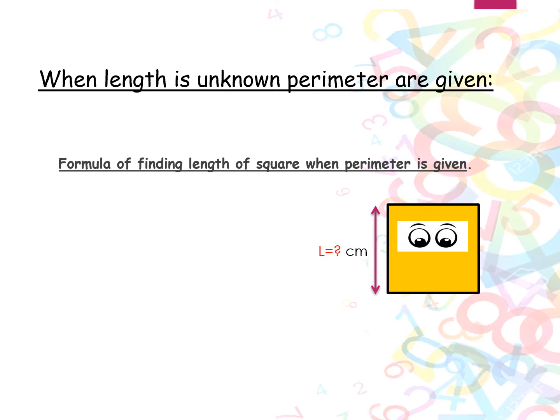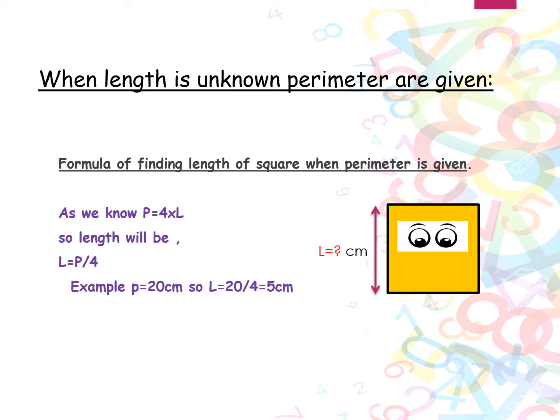Now, we are in a situation where we know the perimeter, but one side of a square is unknown. So do you think there is a way out? So let's recall the basic maths. Opposite of multiplication is division. So we get the perimeter by multiplying the length with 4.